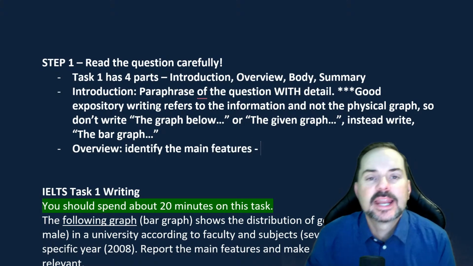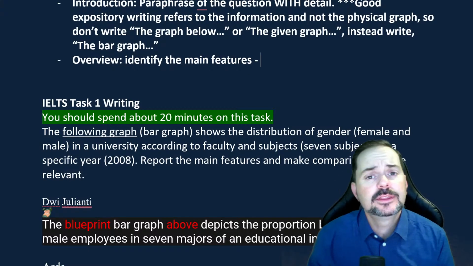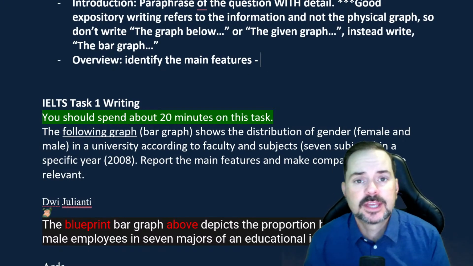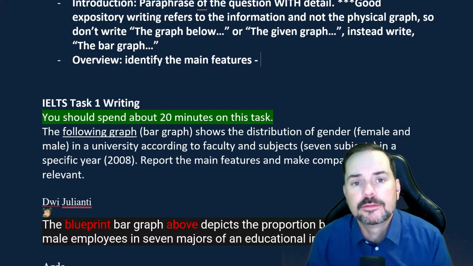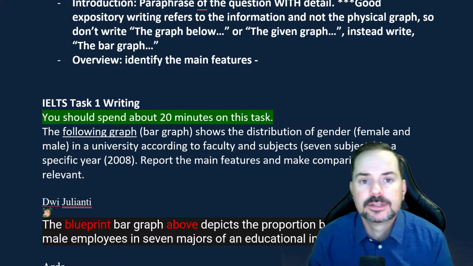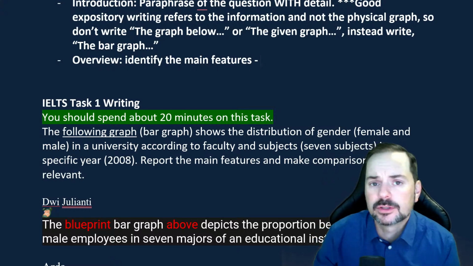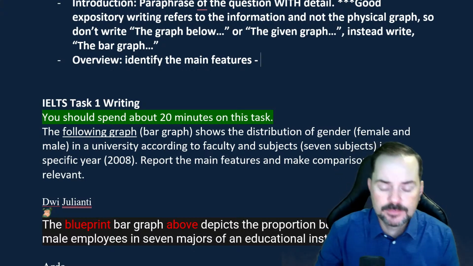Okay, what does that actually mean, right? What does it mean, identify the main features? Identifying the main features means capturing the most obvious patterns or trends or differences in the data without going into details, without going into too many numbers, okay?